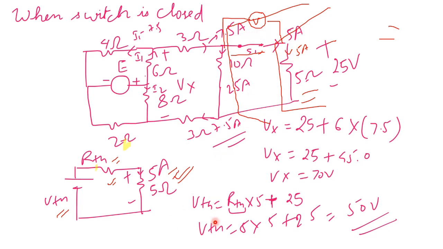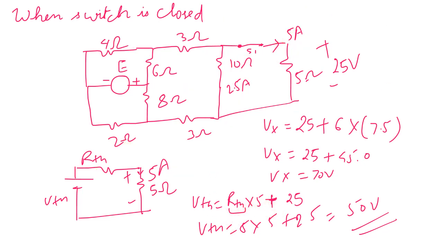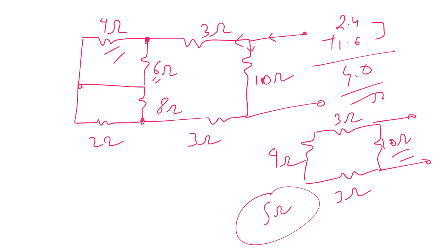The only thing which is variable here is RTH, so let us calculate what exactly RTH is. We are calculating the Thevenin equivalent resistance here, and there was a voltage source here, so I have replaced it by a short circuit, because it's an ideal voltage source.